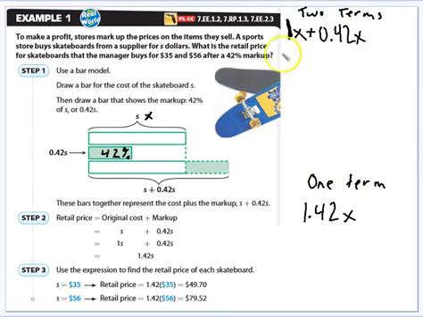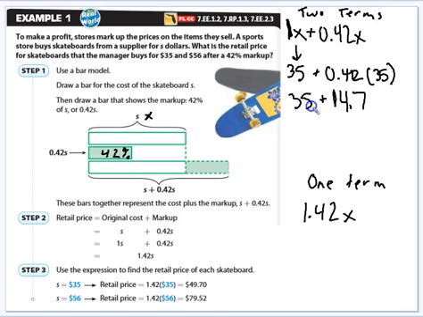So let's use 35. I'm plugging in 35 for X plus 0.42 times 35. So 35 times 0.42 is $14.07, plus 35.